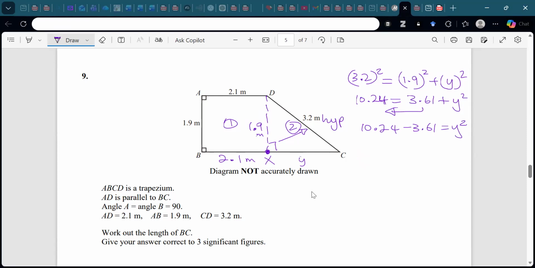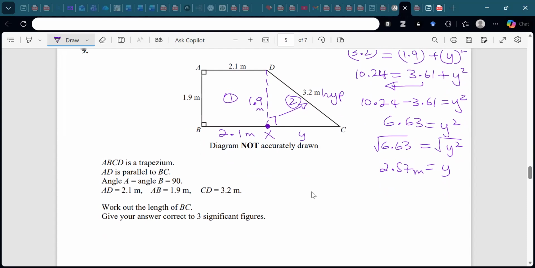So 10.24 minus 3.61, that's going to give us 6.63. I will take the square root of both sides. So we have y is equal to 2.57, and that is in meters.